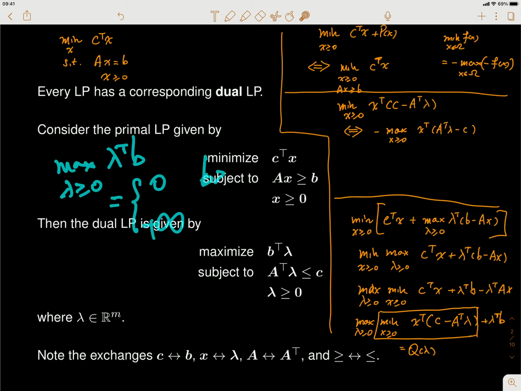If b is less than or equal to 0, we have 0. If b is not less than or equal to 0, then it will be positive infinity. And this will be the same, right?